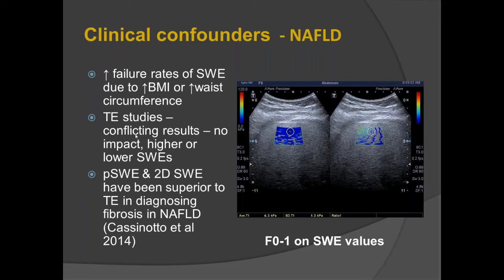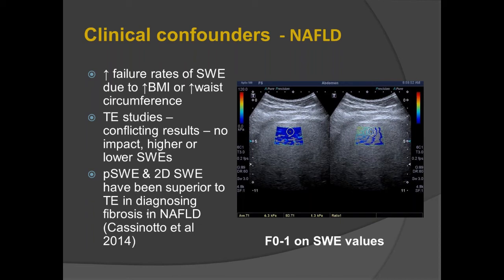Other people say that they go down. The jury is still out on all of this, and certainly we have found that the papers so far show that we are better using point shear wave or 2D shear wave in diagnosing fibrosis in non-alcoholic fatty liver disease patients. So it's something that we're trying to gather data on.